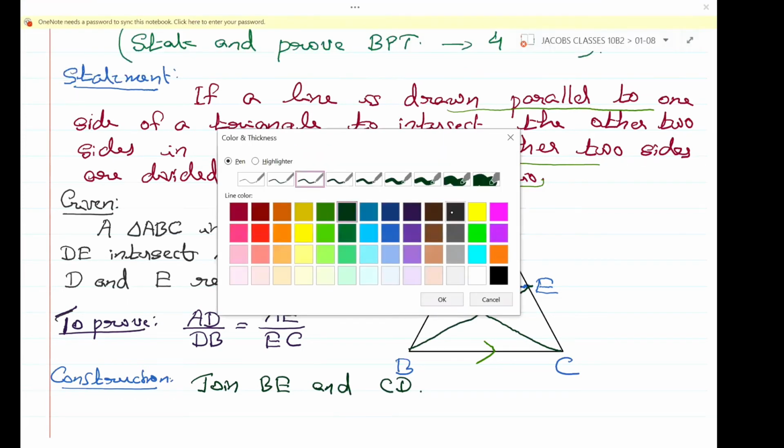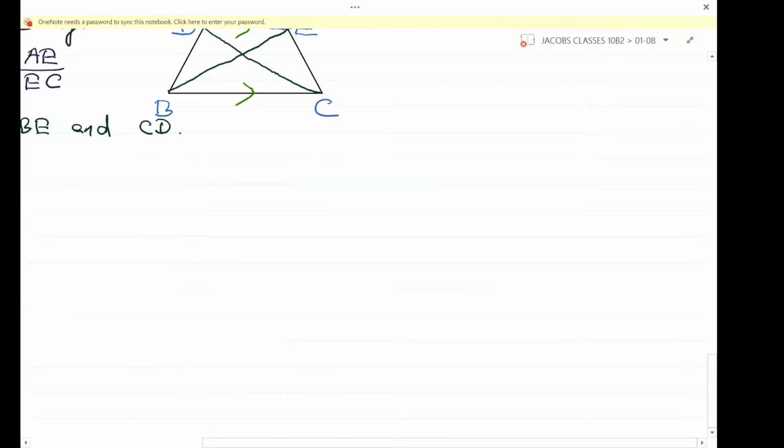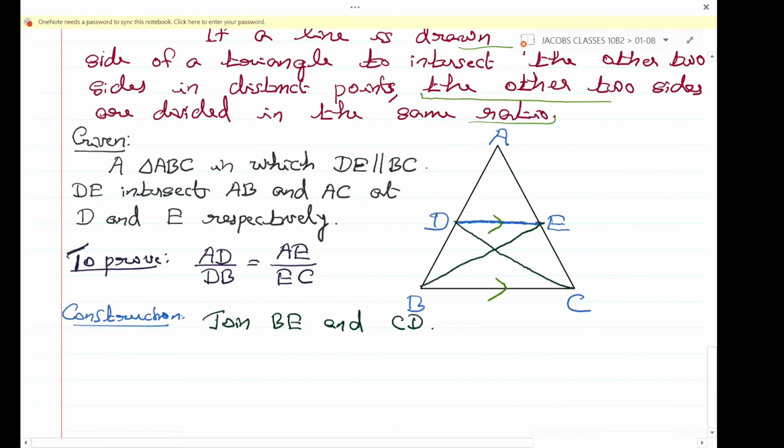One more construction is there, and that construction is like this. Draw DM perpendicular to AC.